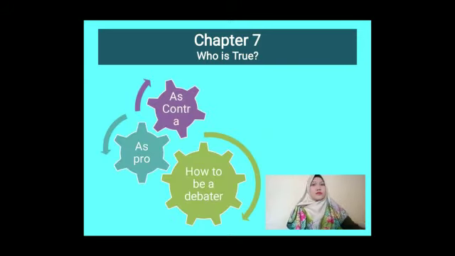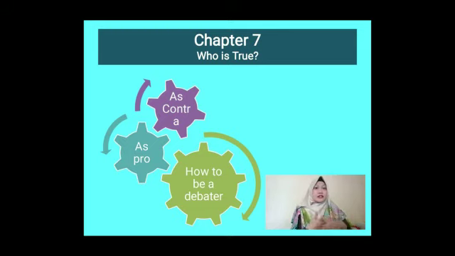And the last is chapter 7, Who Is the True? What does that mean? The author wants the reader to be a debater. Many people don't know how to be a debater.